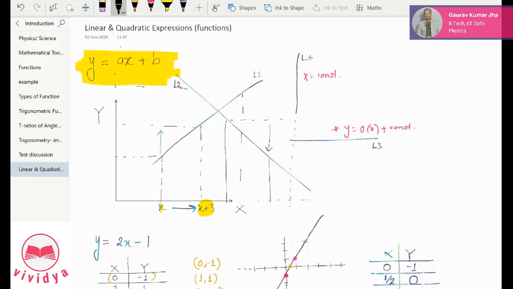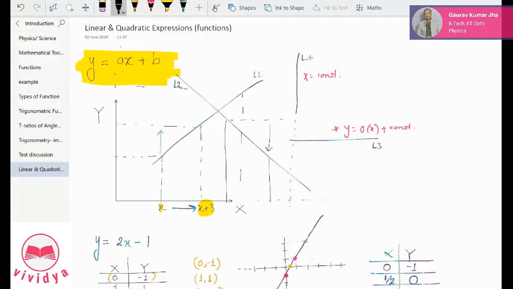So there is a term used. The equations of L1 and L2 will be a little different, and they should give you the idea whether Y is increasing or decreasing with X. Now let us see the general equation and how it will look. Y is equal to ax plus b.